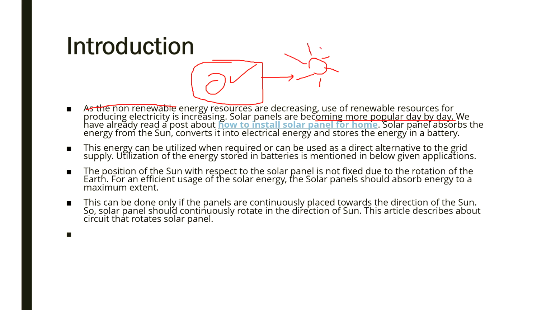So the more the heat, the more the transmission of light, and the more the energy. That's why we are so dependent on the sun's energy, the renewable energy. So how does it occur?